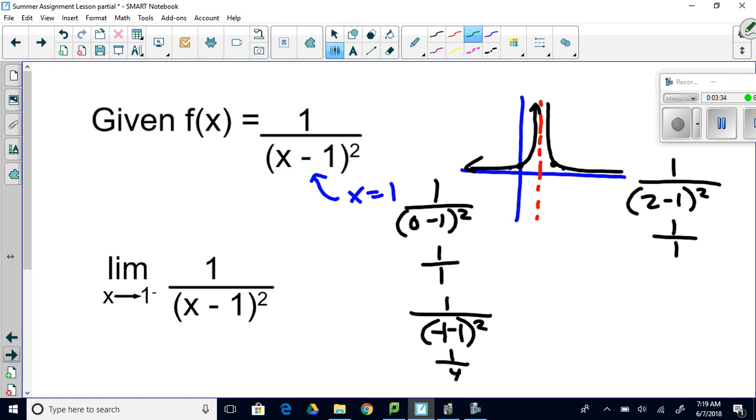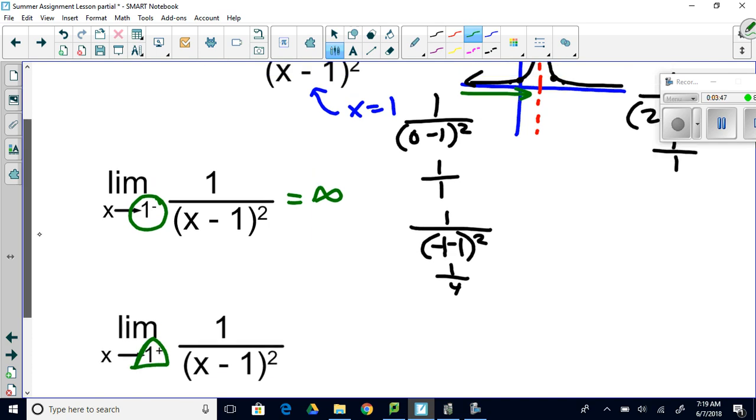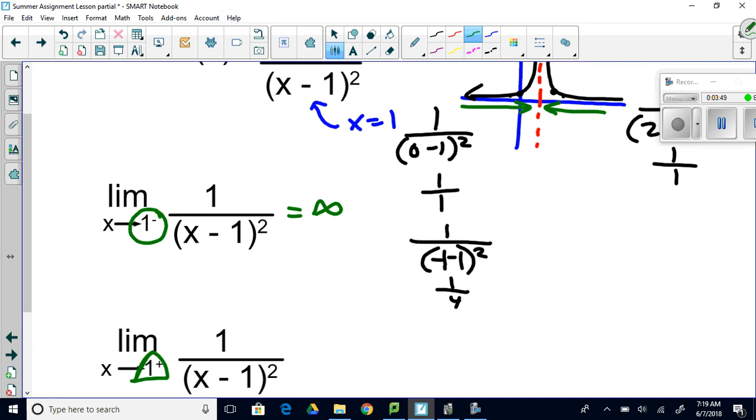Alright, so let's look at this one. If we come at x from 1 in the negative direction, we know our y is going up to positive infinity. If we go towards 1 in the positive direction, we know that our graph is still going up forever, so positive infinity.